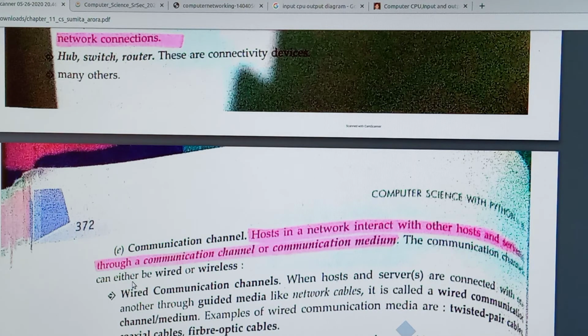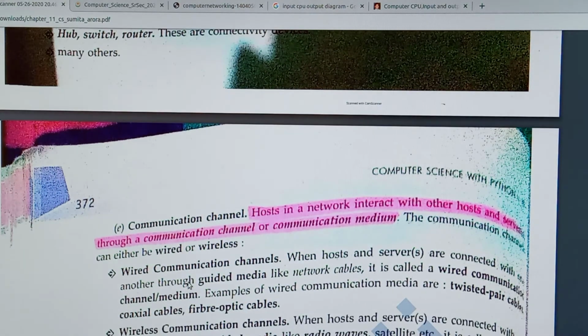There are mainly two types of channels: wired connections and wireless connections. Wired is also called guided media, like cables. Common wired connections are twisted pair cable, coaxial cable, and fiber optic cable. These are the common wired communication or guided media.